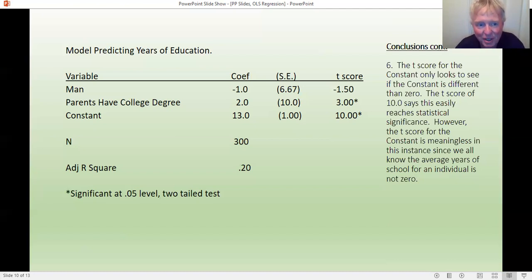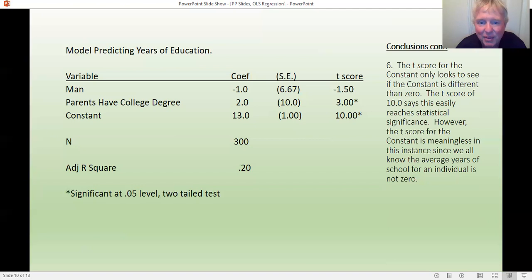And that makes sense. So while the t-score is significant in this case, and the t-score is very large, it really doesn't have much meaning. We would not expect a model predicting years of education to start at 0. The model starts basically where it would be if all the coefficients were set at 0, which is 13.